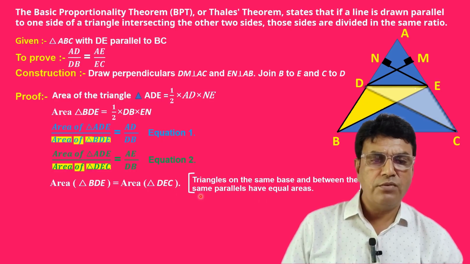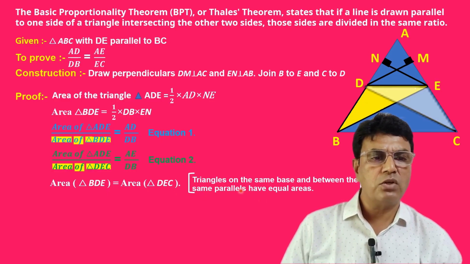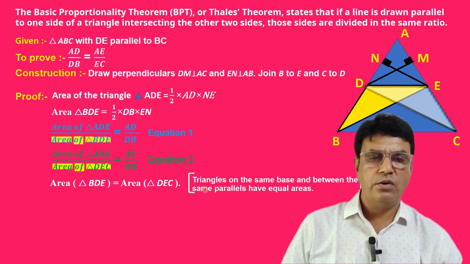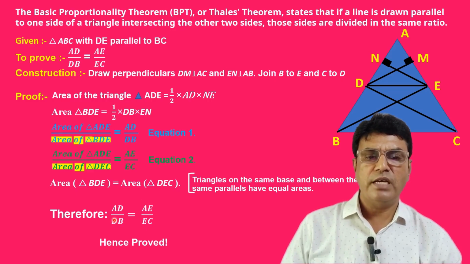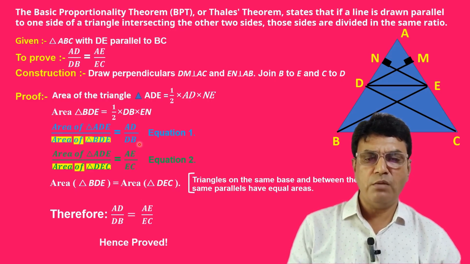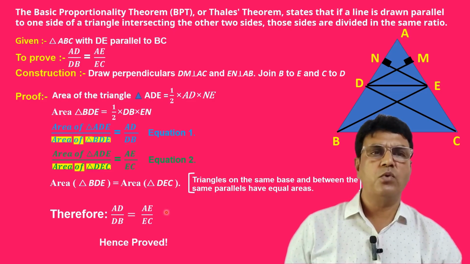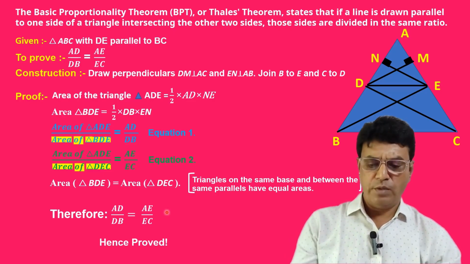So here the reason is that triangles on the same base and between the same parallels have equal areas there. Okay, so the moment you have proved this, we can conclude that AD upon DB will be equal to AE upon EC. So that was a simple proof of the basic proportionality theorem there.